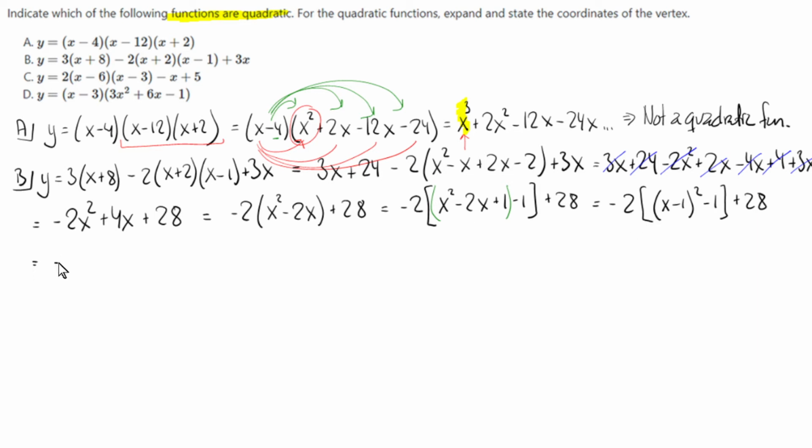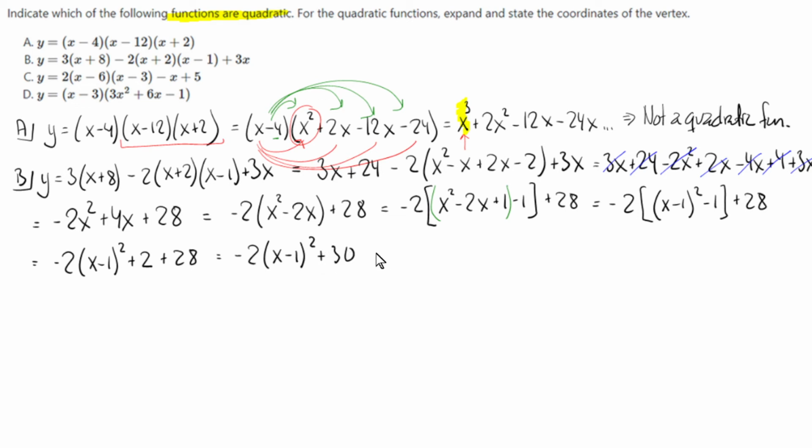So it's going to be negative 2 times (x minus 1) squared plus 2 plus 28. And then if we clean this up, we're going to get negative 2 times (x minus 1) squared plus 30.